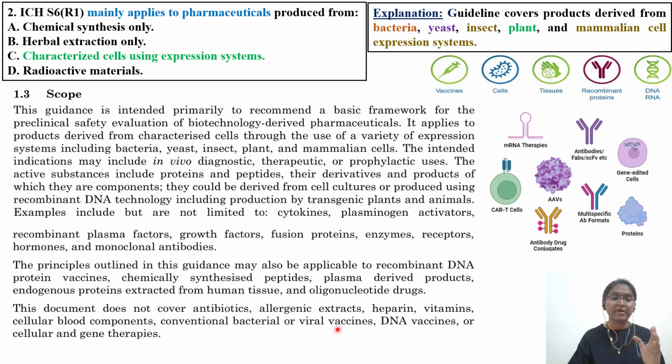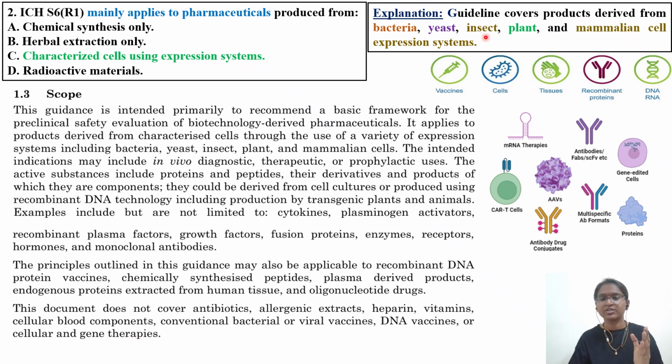Conventional ones will not. Biotechnology-derived vaccines and recombinant DNA technology vaccines, those will come, as recombinant DNA protein vaccines. But conventional bacterial and viral vaccines don't fall under ICH S6. DNA vaccines or cellular and gene therapies, gene therapies are also not under this S6 guideline. It is a bit confusing, but still you have to try to remember.